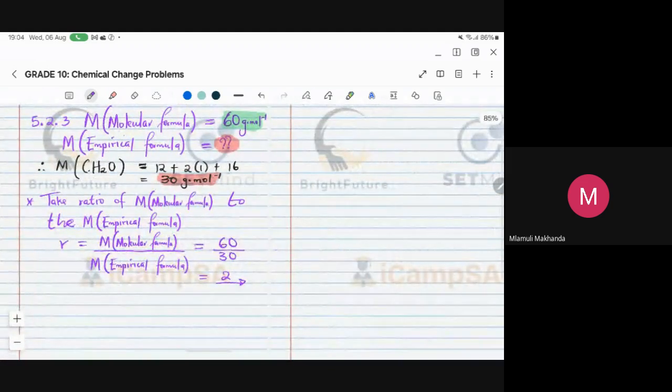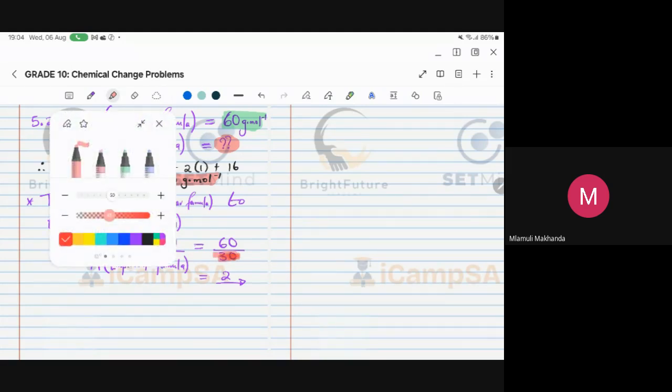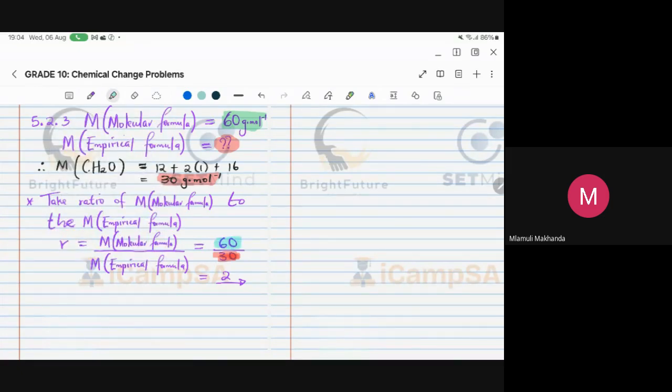Then after, you take this ratio and you multiply the empirical formula. Right. This is your empirical formula, and that is this guy. After this, you take the ratio and multiply all subscripts of the empirical formula.